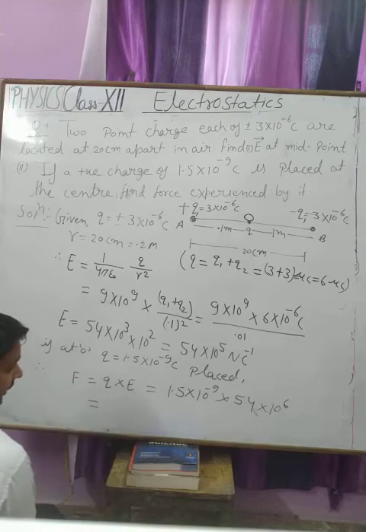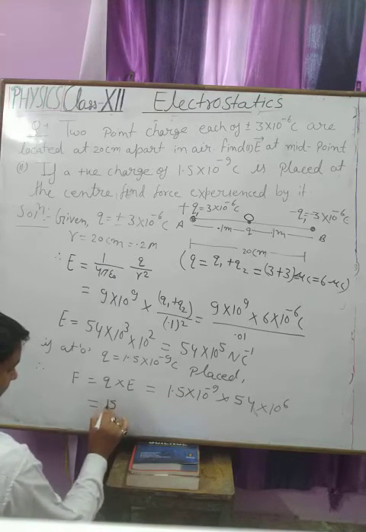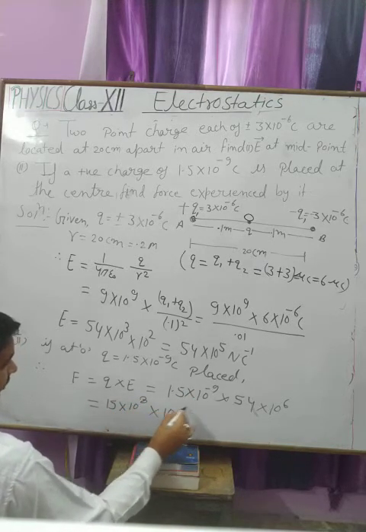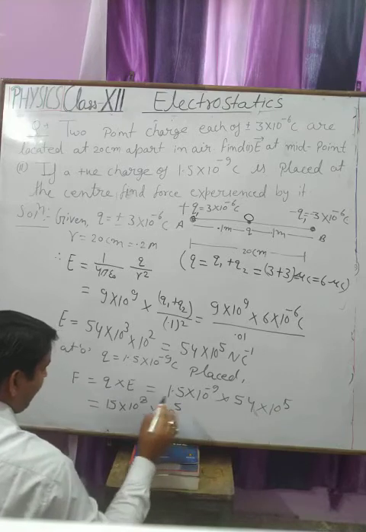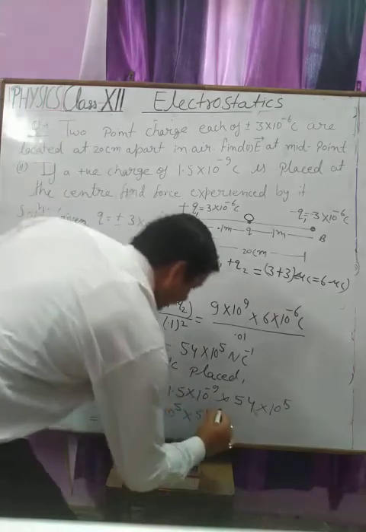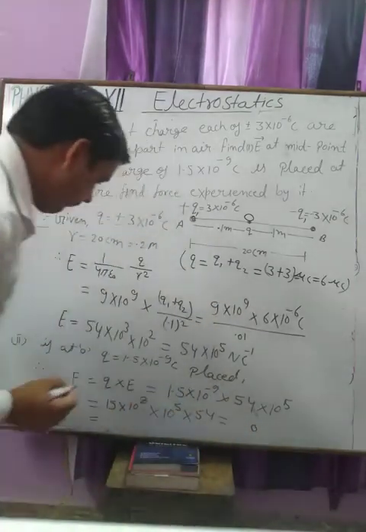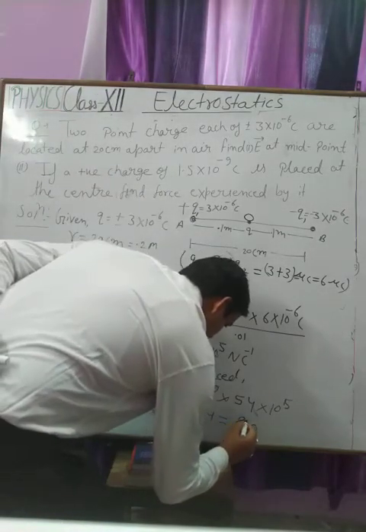So student, we are calculating this: 15 into 10 to the power minus 10 into 10 to the power 5 into 54. By multiplying, 15 times 4 is 60, carry 6, 15 times 5 is 75 and 6 is 81.